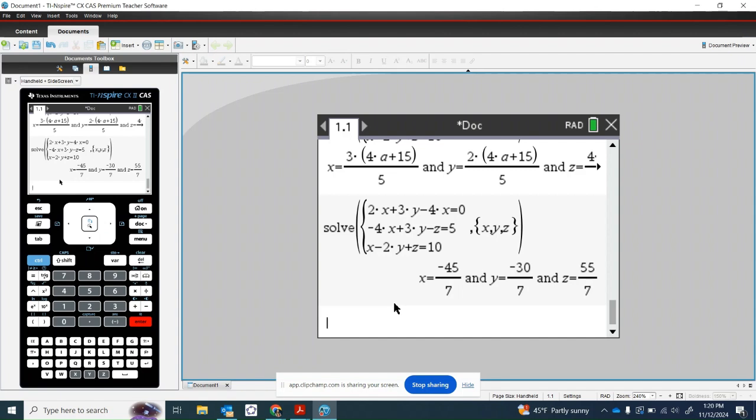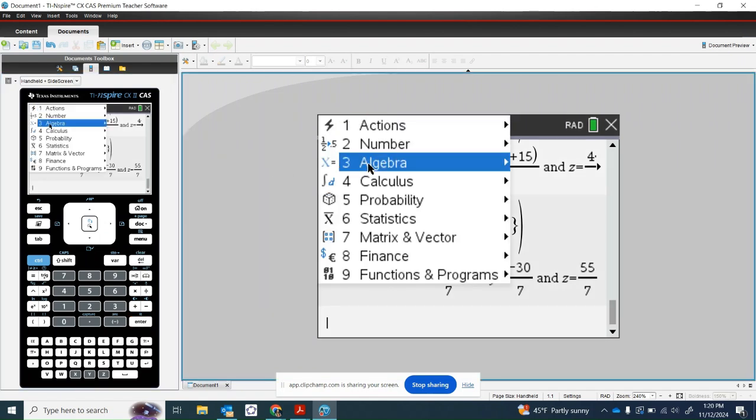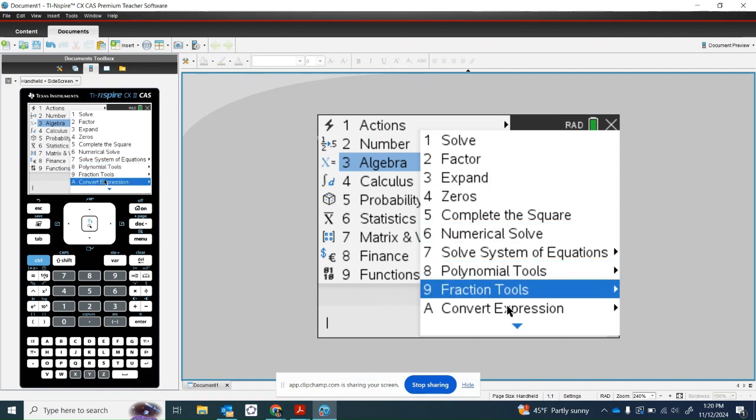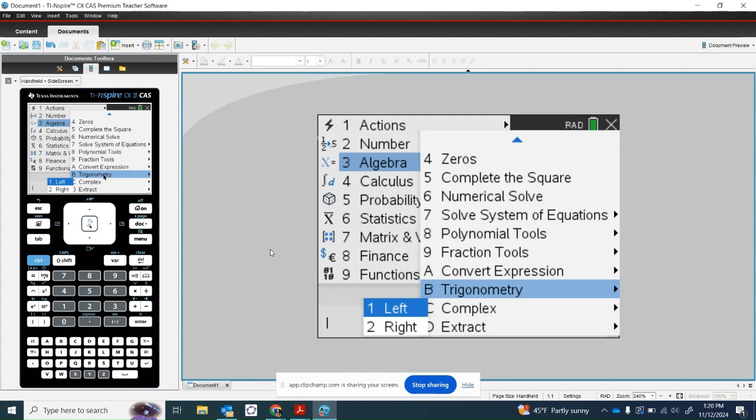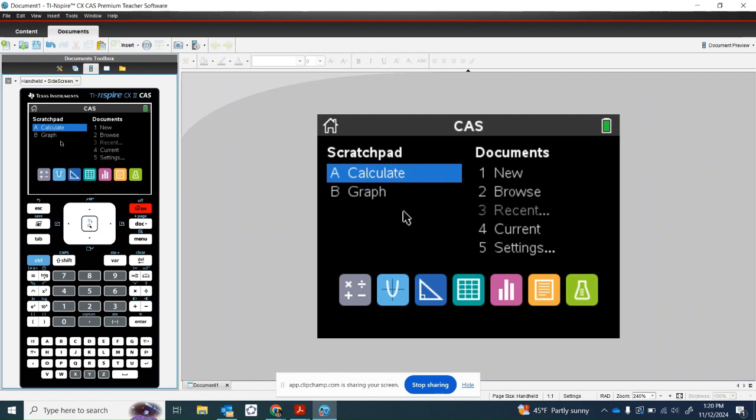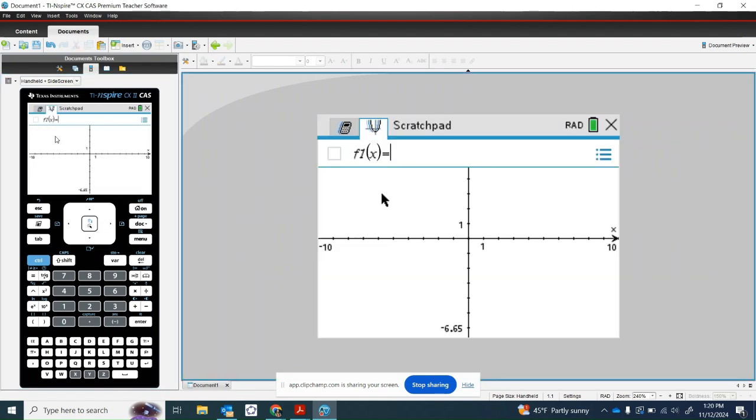Okay. So let me go to graphing a little bit here. You can look around and look at some of the other functions if you want. All right, if I want to graph, I'm going to go to home and I want to graph. All right, so here is where I am going to enter a function.